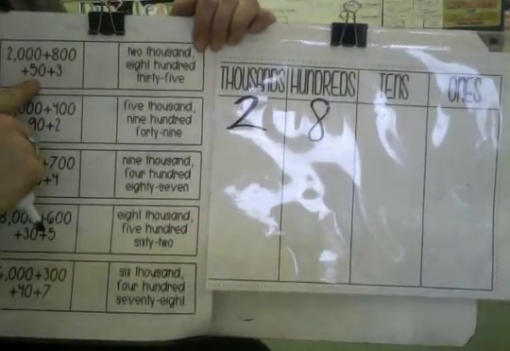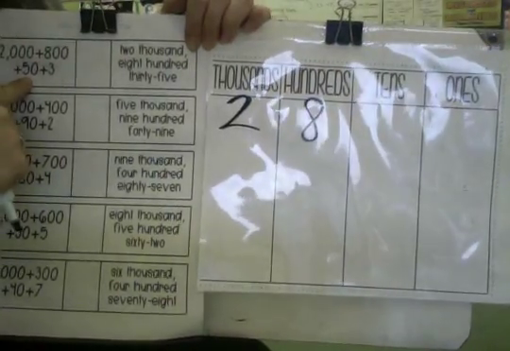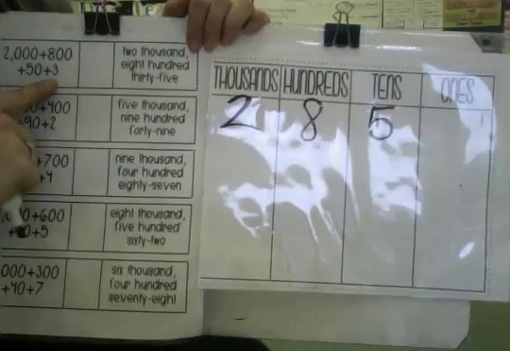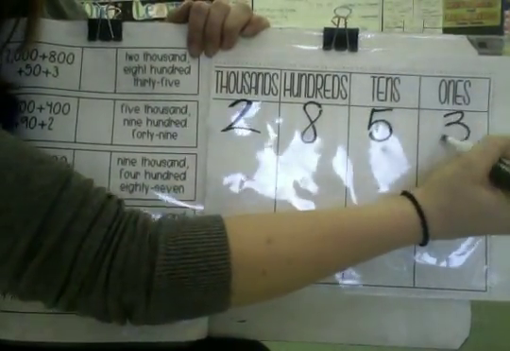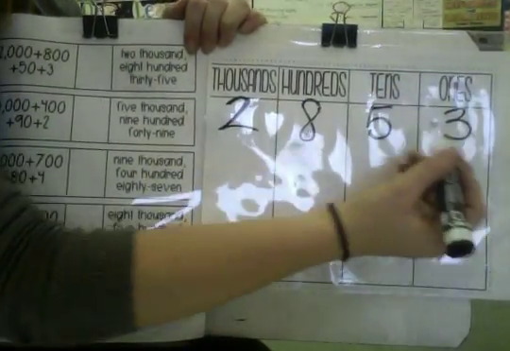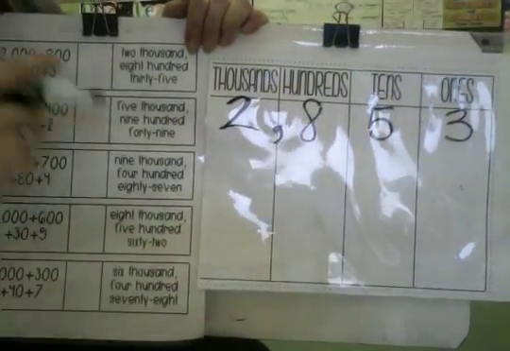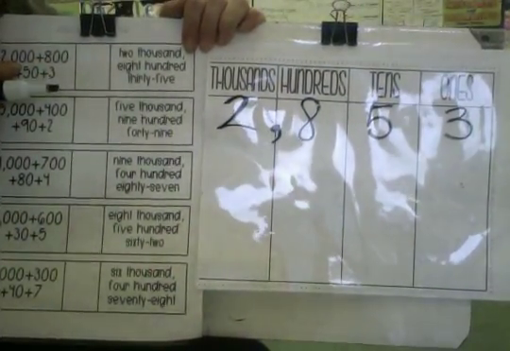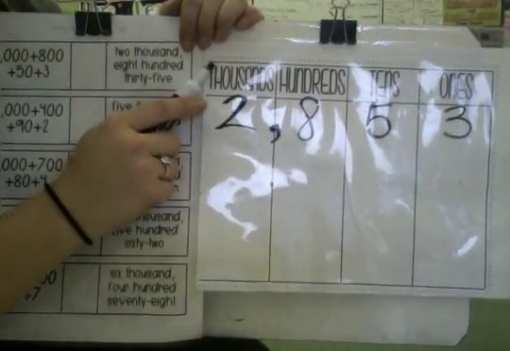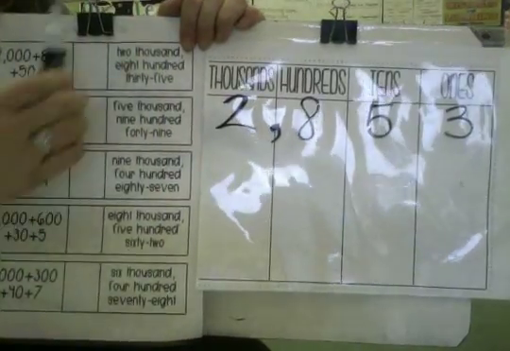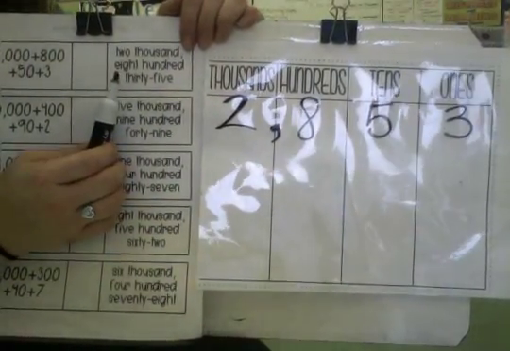Our tens here, it says that there's 50, so we know that that is 5 units of 10. And then there are 3 units of 1, so we're going to put that in our ones place value. 1, 2, 3, put your comma there, please. So this expanded form is really showing us the number 2,853.